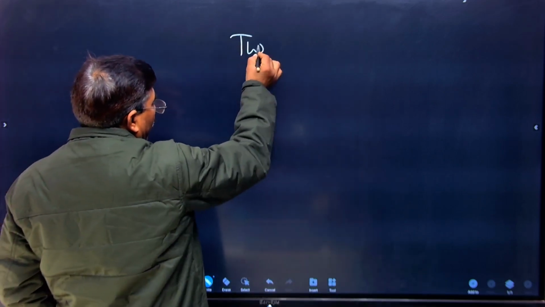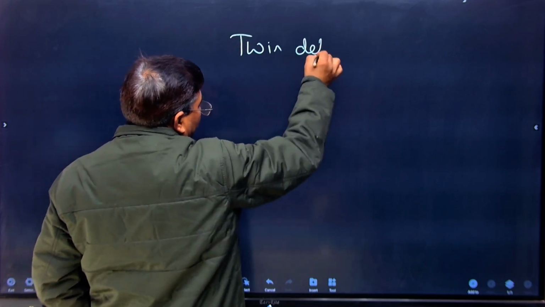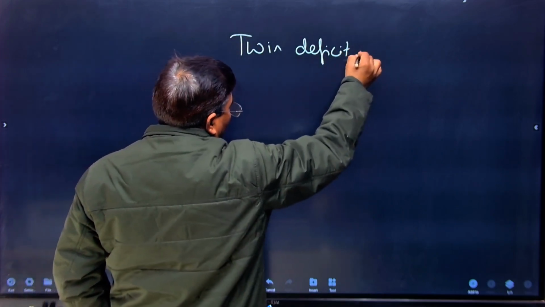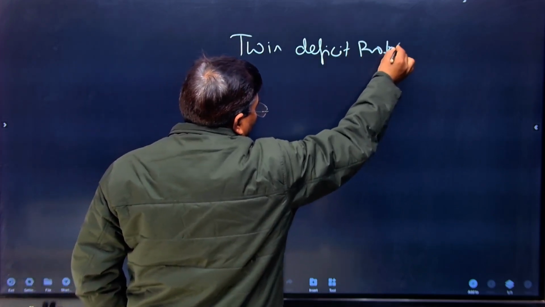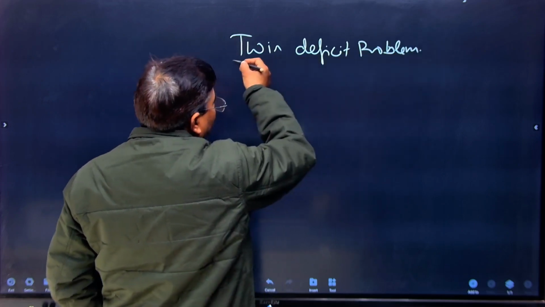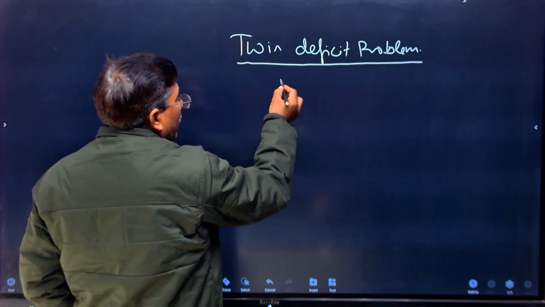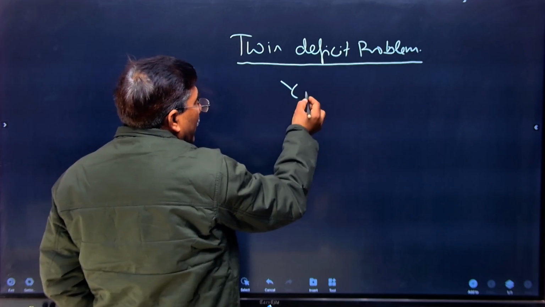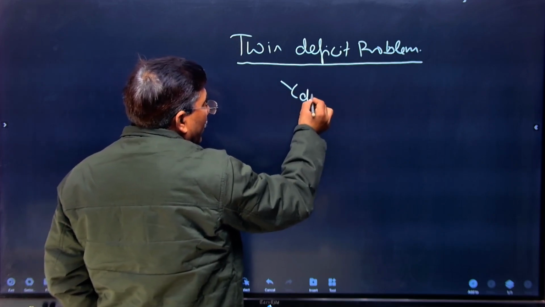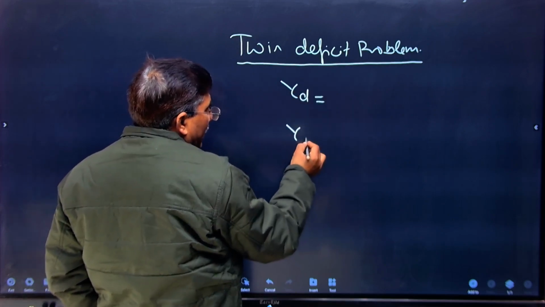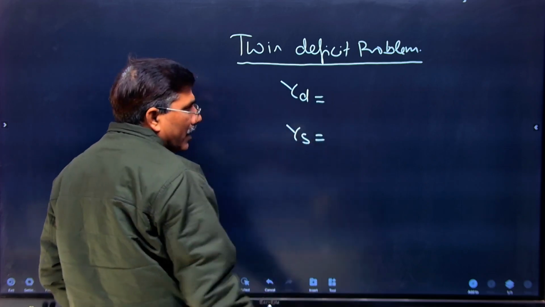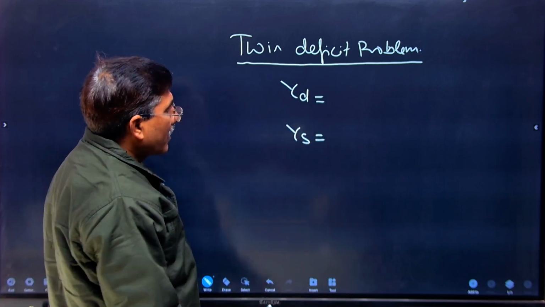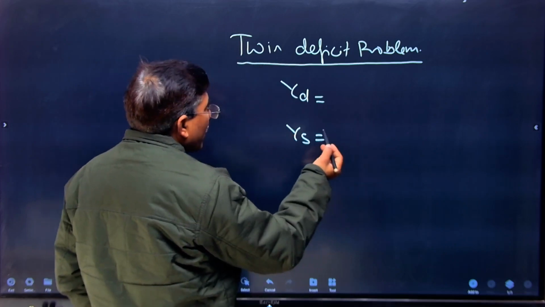Twin deficit problem in Indian economy. If you go through the basic concept of national income, national income can be calculated from the demand side as well as from the supply side. Why do we represent national income on the demand side?